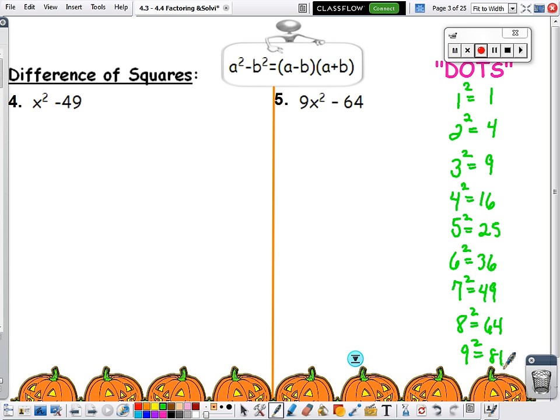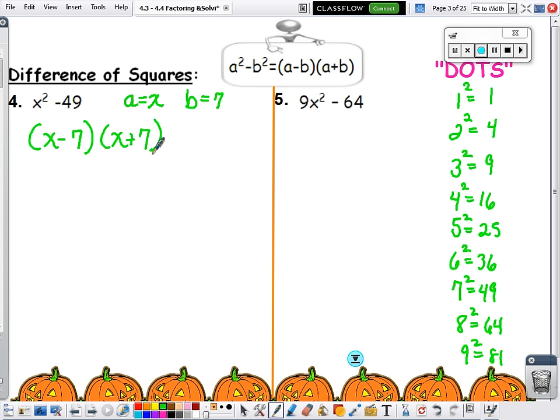So when we look at this, we have an x squared. That is considered a perfect square. 49 is a perfect square. We can multiply 7 times 7 to get 49, x times x to get x squared. So here we would consider our a value to be x, our b value to be 7, and then it falls into the pattern of x minus 7, x plus 7.